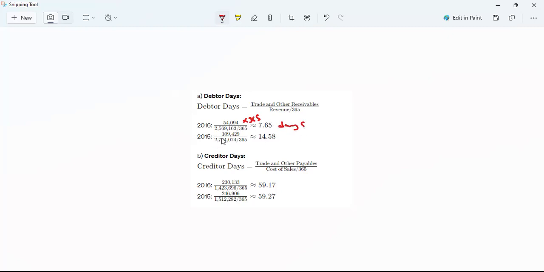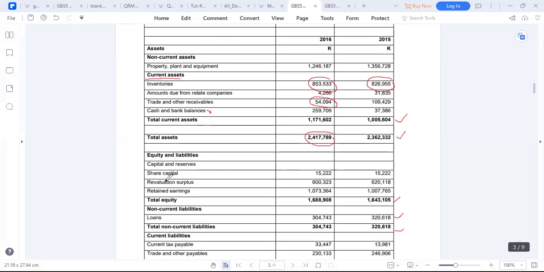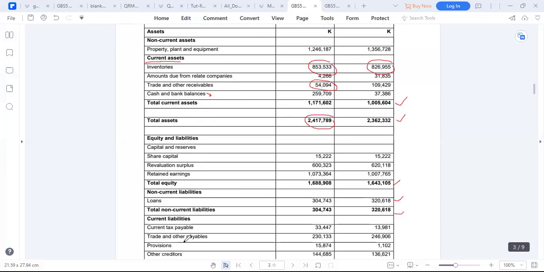So here, for the creditors' days, we get trade and other payables over the cost of sales. So when we go here, to our creditors, trade and other payables, this is 230.